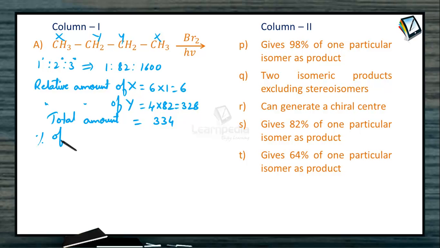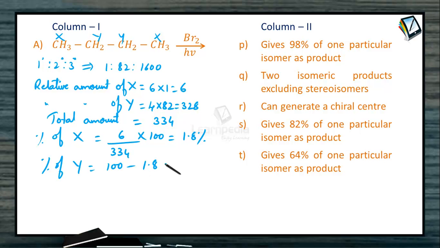Therefore the percentage of X is equal to 6 upon 334 multiplied by 100, and that is equal to 1.8%. When this is 1.8%, definitely the percentage of Y is equal to 100 minus 1.8, and that is 98.2%. So one of the isomeric products is formed to an extent of 98.2%.